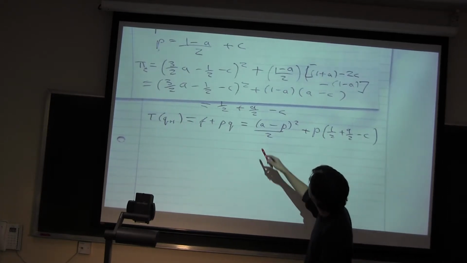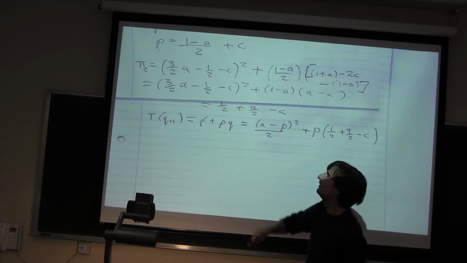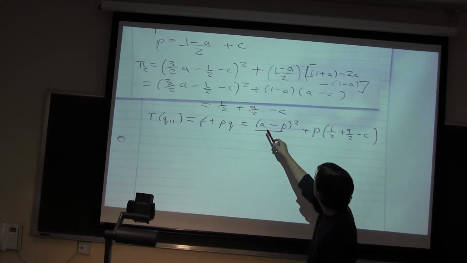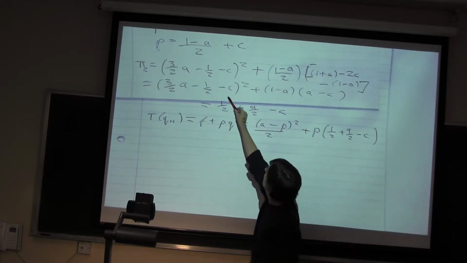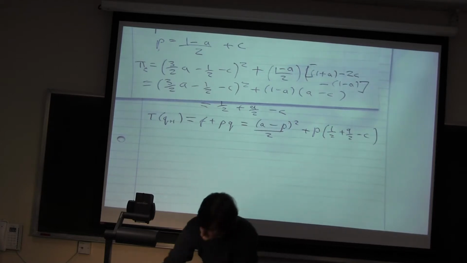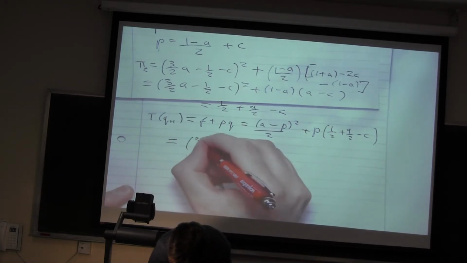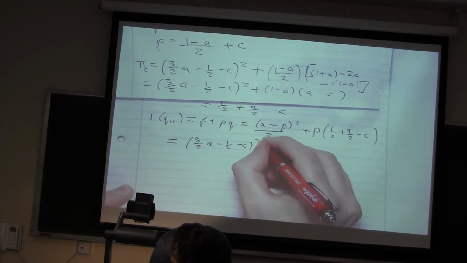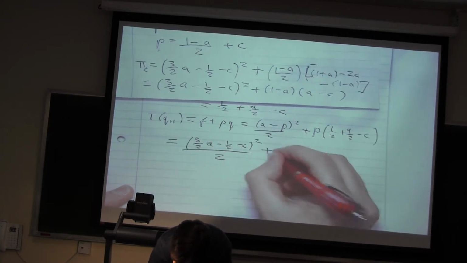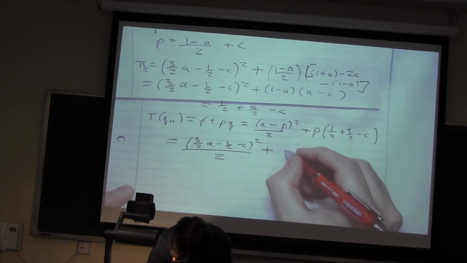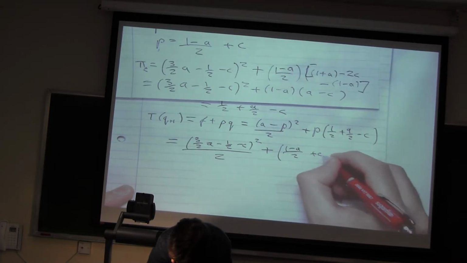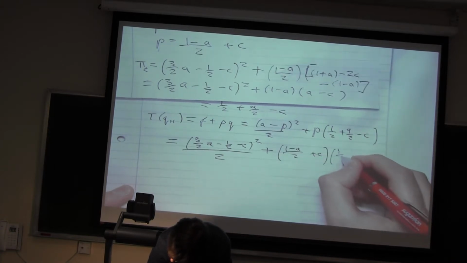The price is that expression at the top. This is just like what we had before, actually. Again, this is that bracket, so this is equal to 3 over 2 A minus a half times C squared over 2 plus the price, which is 1 minus A over 2 plus C half.